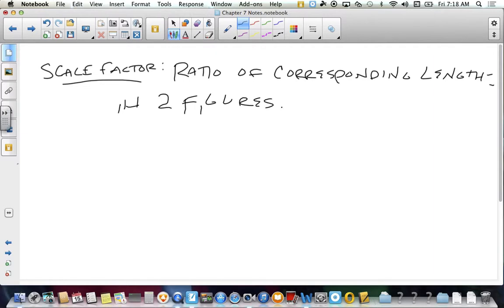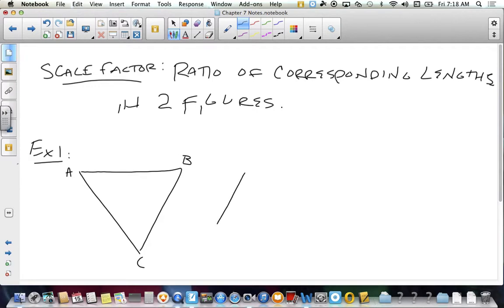Okay? Corresponding ratio of corresponding lengths in two figures. So for example, if I have two triangles like there, and I say that these two triangles are similar, so we have triangle ABC is similar to triangle YXZ, okay?